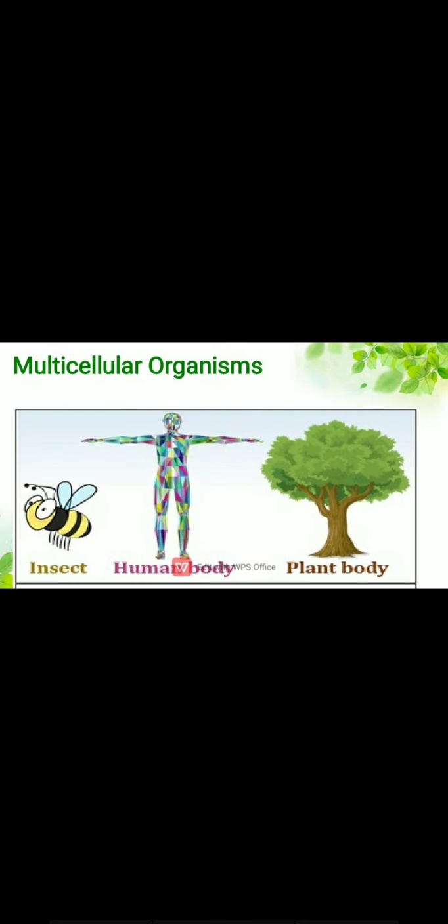The next are some examples of multicellular organisms: plant body, human body, insect. In plants there are different kinds of plants, and in humans different kinds of animals are considered. They are all multicellular organisms, and they perform their different functions by different cells.